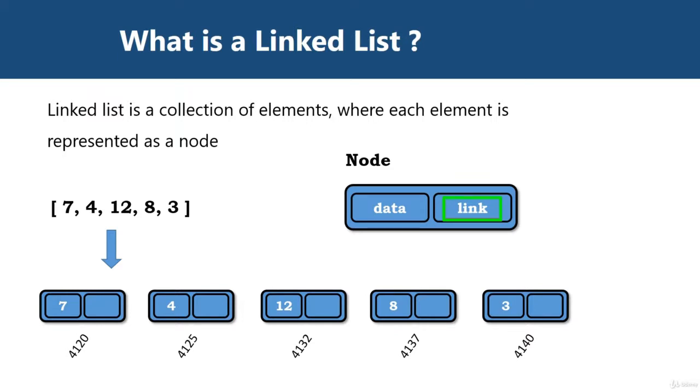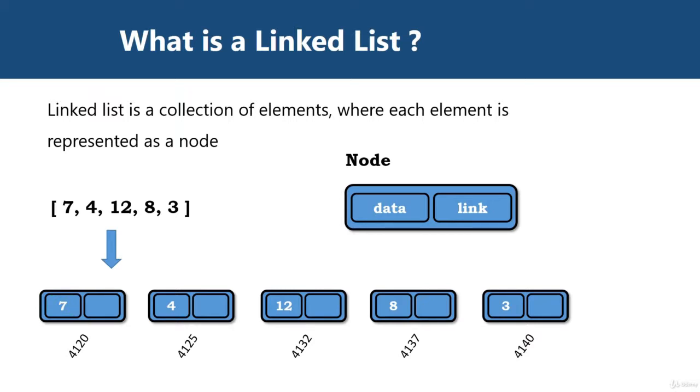Now let us talk about the link part of the node. A node contains data along with the link to the next node. So the link actually stores the memory location or memory address of the next node. Here in our collection of elements, the first element is 7. So the first node contains the data 7 and the link to the next node.